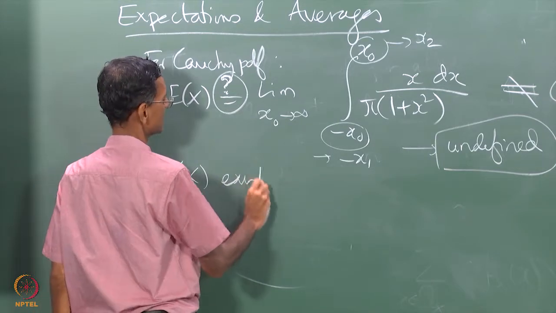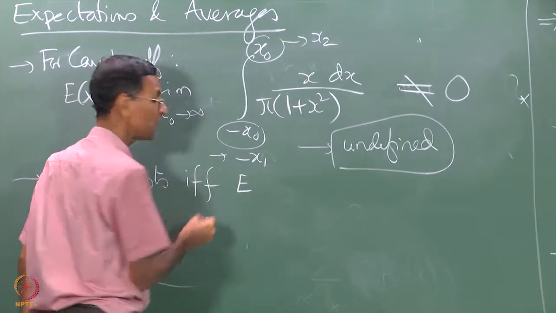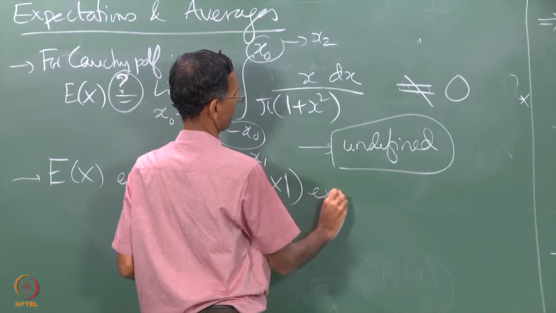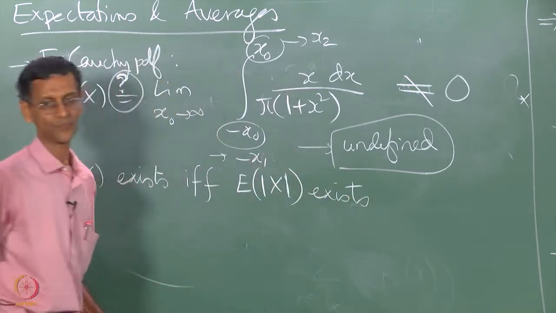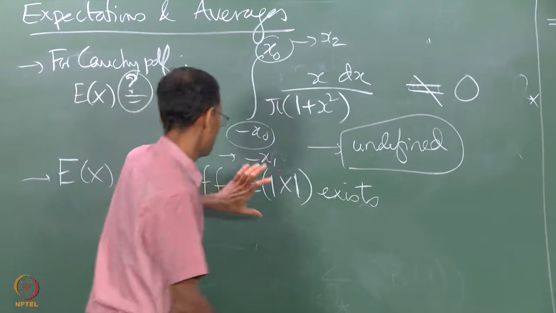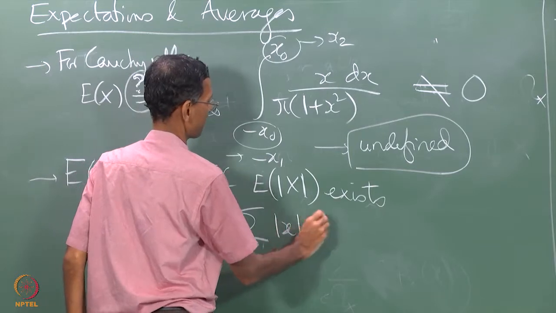E of x exists if and only if E of mod x exists. Now what is the meaning of this E of mod x? That is, this sum converges.